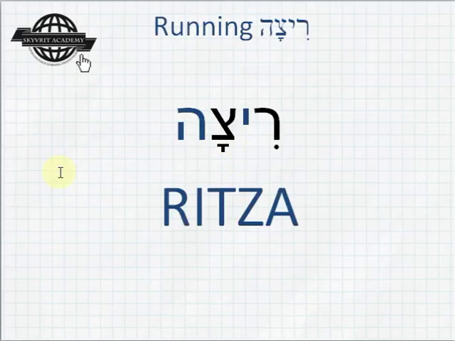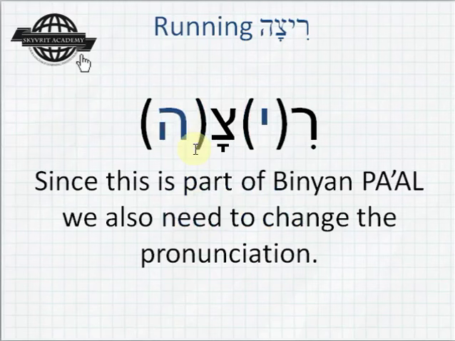We start by saying that we have i and a. Ritza. In order to make this third person, past tense, hu be'avar, all we need to do is very simple.